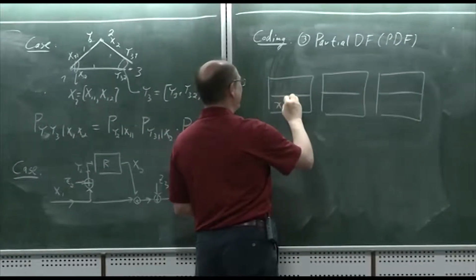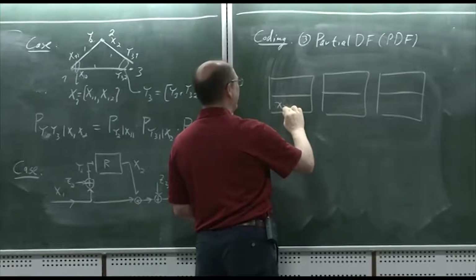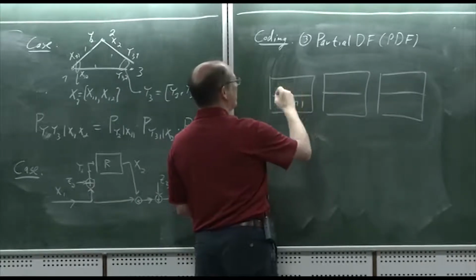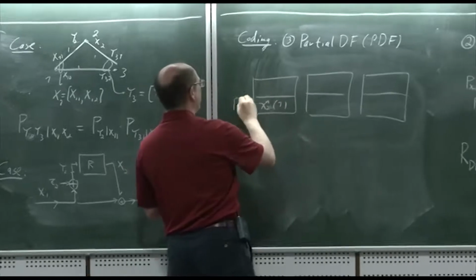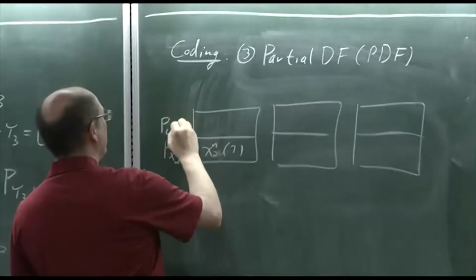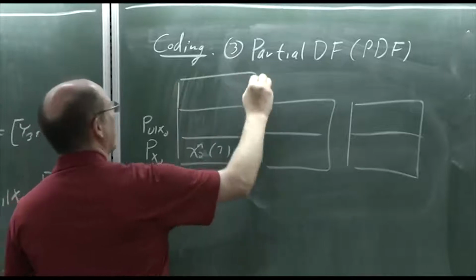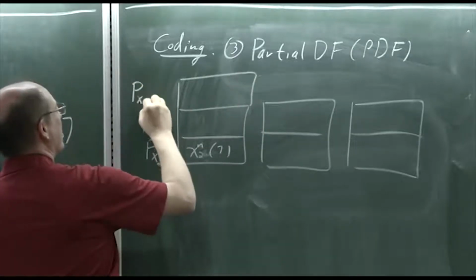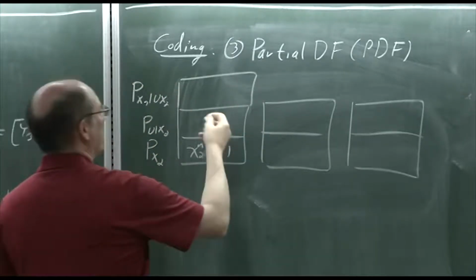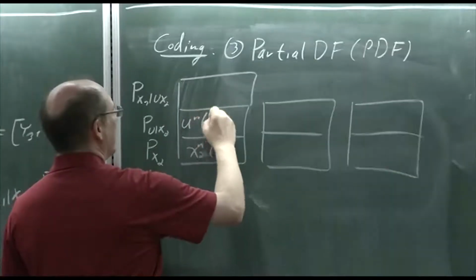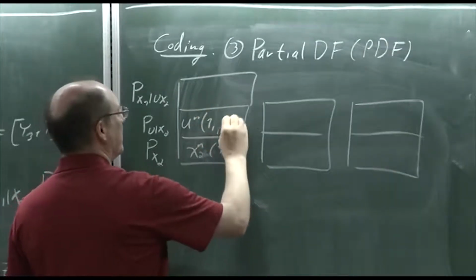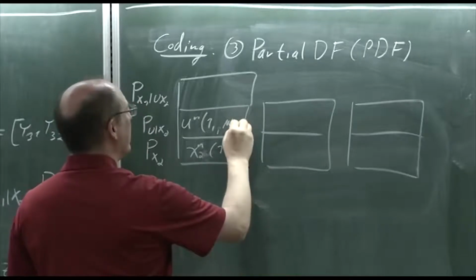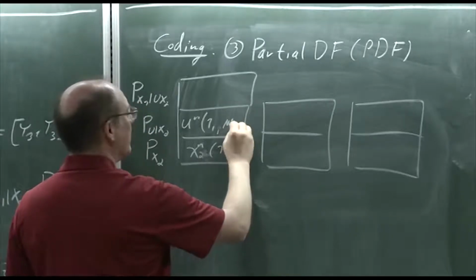Here we'll use rate splitting. So here we'll have p(x2), here we'll do p(u | x2), and then we'll put something on top of this, which is p(x1 | u, x2). So here we'll have the u^n with the index W1 primed.